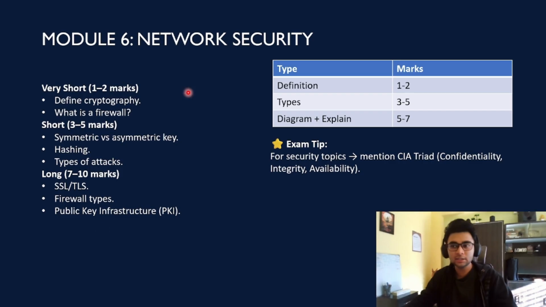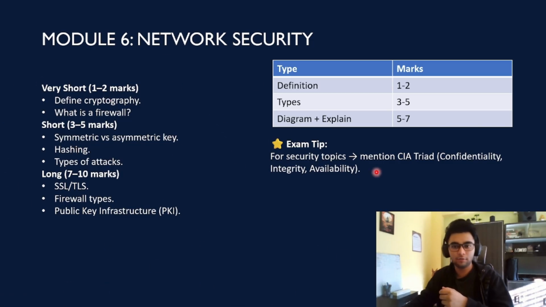This is just for your knowledge, in case something comes out of syllabus, so you should just know the basics of it. For security topics, you need to mention the CIA triad, which is confidentiality, integrity, and availability. So that's it. This was all the important questions that could come.